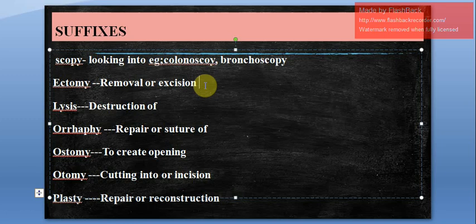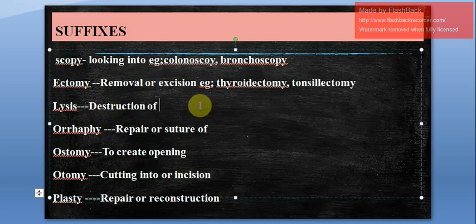Other than that you have tonsillectomy, that is also an example of ectomy. We also have thyroidectomy. Thyroidectomy means removal of the thyroid. Then we also have hemorrhoidectomy, which is removal of the hemorrhoids. So these are some examples of ectomy surgeries.